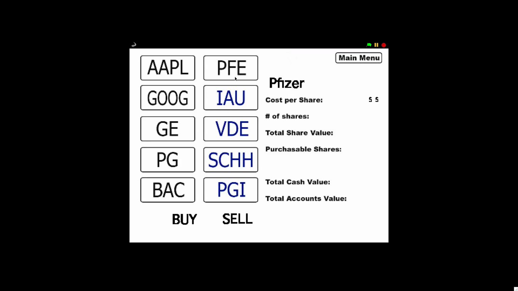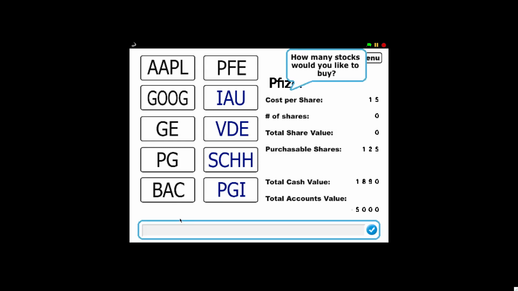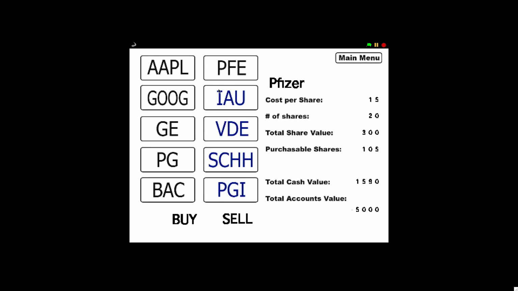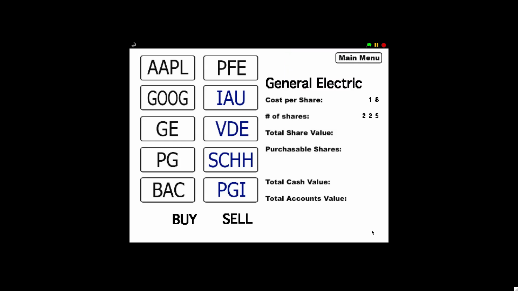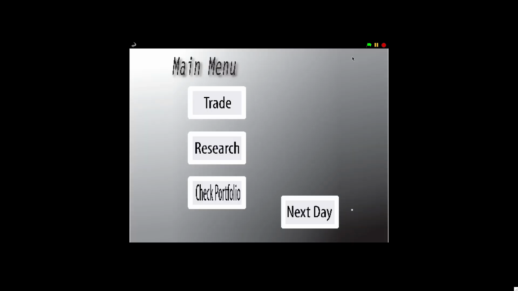Okay, let's go to Pfizer. Let's buy 20 of these. General Electric, let's buy 25. That's good for today. I'm just going to walk you through and see what happens.